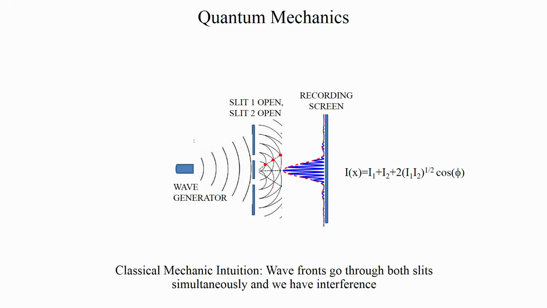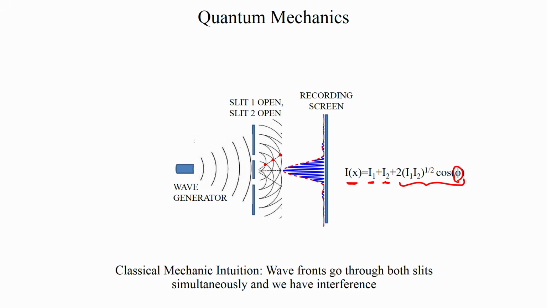What you will see is an interference pattern wherein the effective intensity at some point x depends on the intensity 1, which is basically the intensity of the waves coming through slit 1, and intensity 2 in this manner. And this is the interference term, where this is the phase difference between these waves.